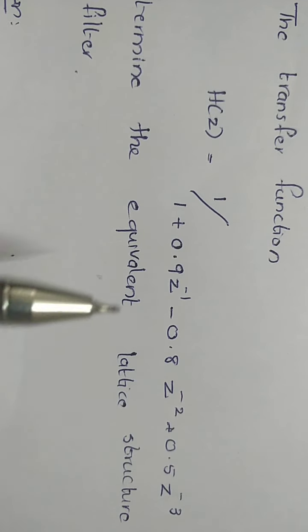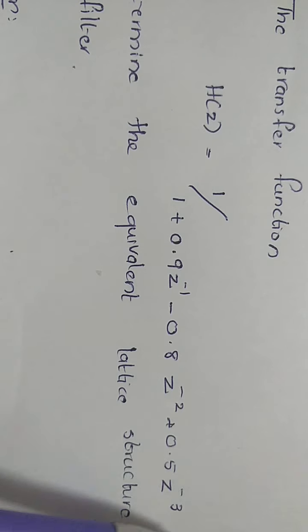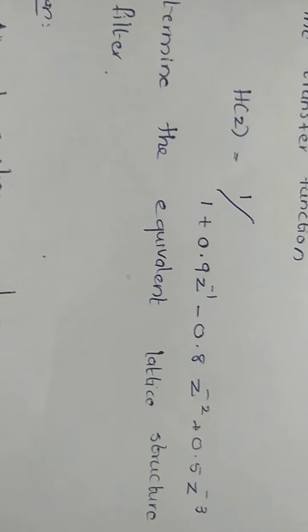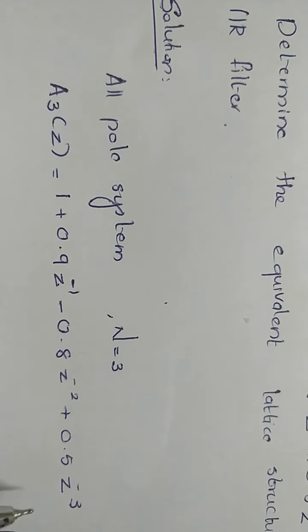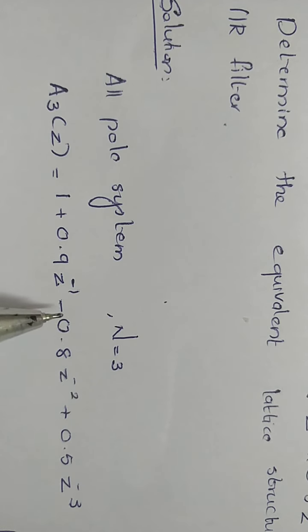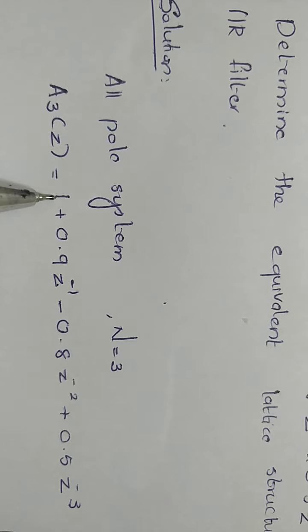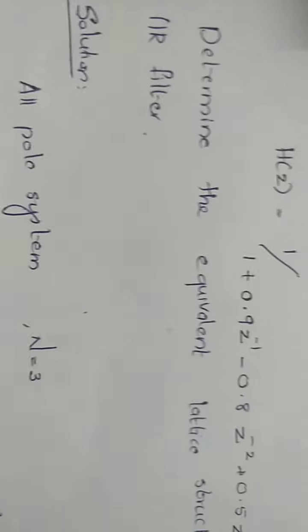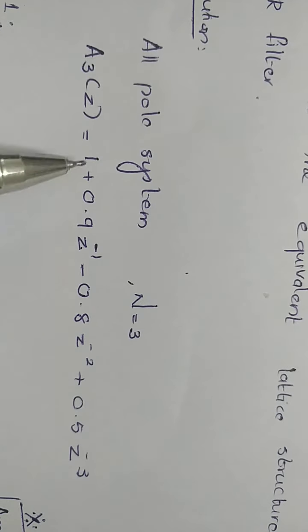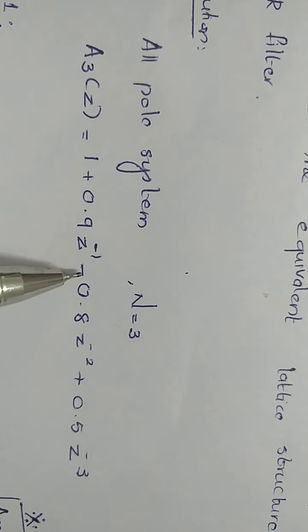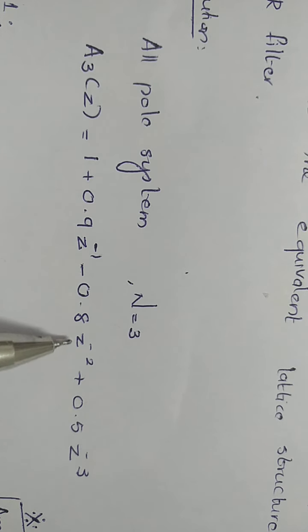From the question, it is clear that it is a third order system. That is, the value of N is equal to 3, and A3 of z is equal to 1 plus the denominator term. The denominator of the transfer function, that is 1 plus 0.9 z raised to minus 1 minus 0.8 z raised to minus 2 plus 0.5 z raised to minus 3.